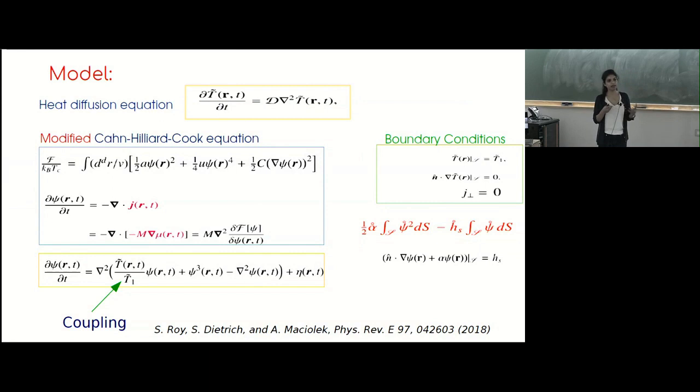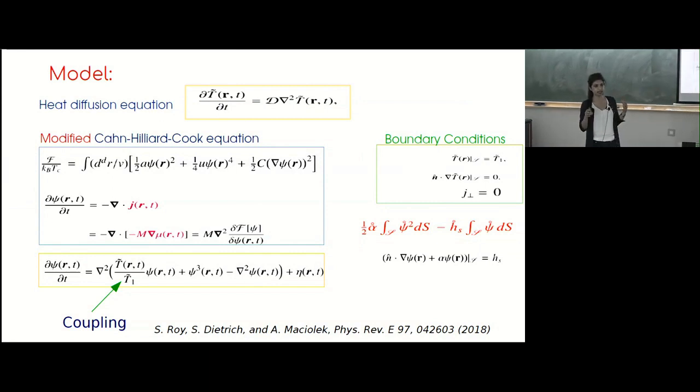Now if you have a binary liquid mixture, which means the total order parameter is conserved, you will have a continuity equation in the system. Here, the order parameter is the difference. And the concentration current is related to the mobility and the chemical potential.